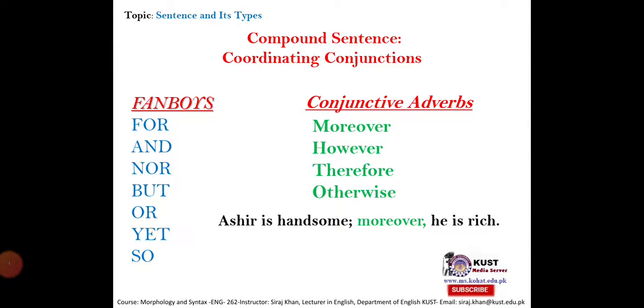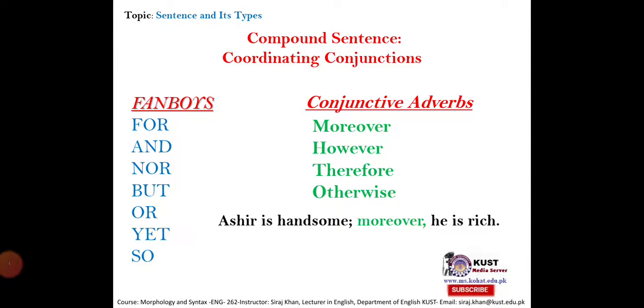Conjunctive adverbs are sometimes called floating adverbs because they can be positioned at the beginning, in the middle, or at the end of a clause. Like the same example: Ashir is handsome; semicolon, followed by the conjunctive adverb moreover, he is rich.